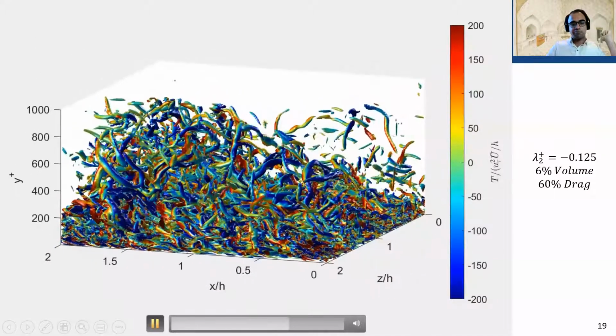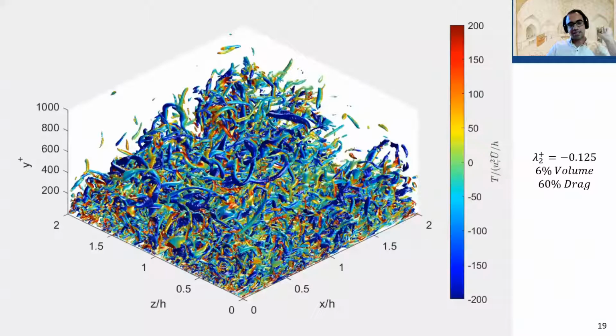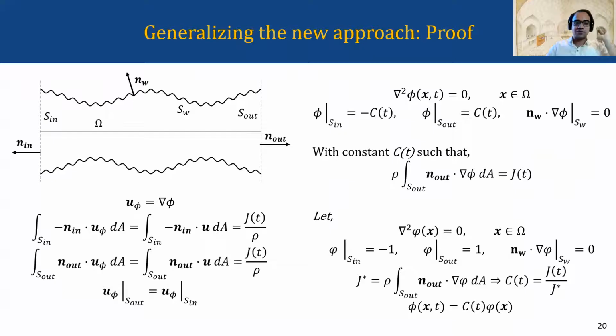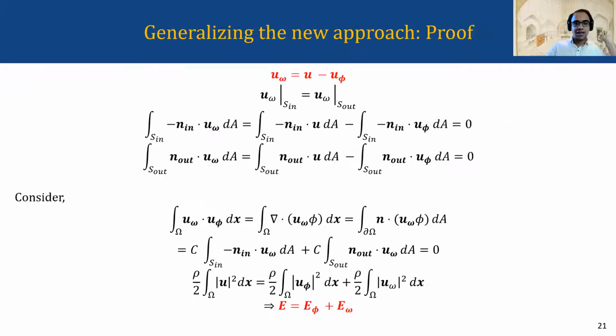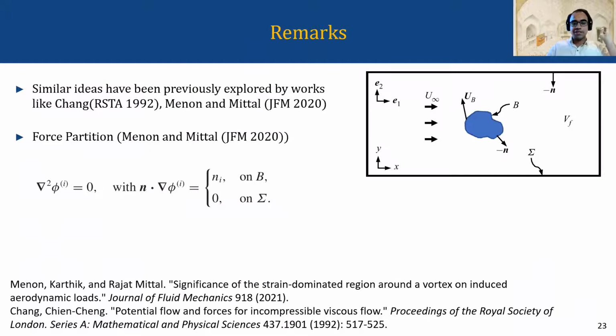Now, this is the proof which I'll skip over since we are a little short of time. I'll mention that similar parallel ideas have been explored in previous works, by Chang in RSTA, and most recently by Menon and Mittal, where they employ a force partition method and do something similar.